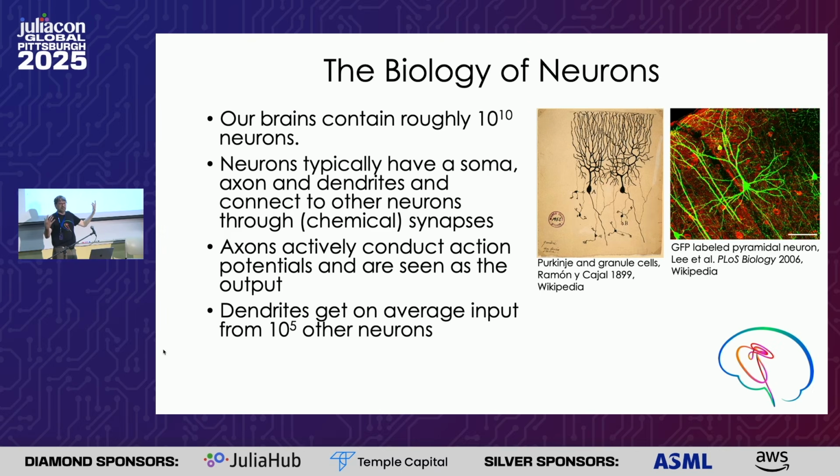Dendrites are where they make connections to other neurons. Typically there are about 10,000 connections to each neuron, at least in some parts of the brain. And then at the bottom, the axons connect to other neurons. This is a highly connected system. Axons conduct the action potential to other neurons, and dendrites get about 10,000 connections.